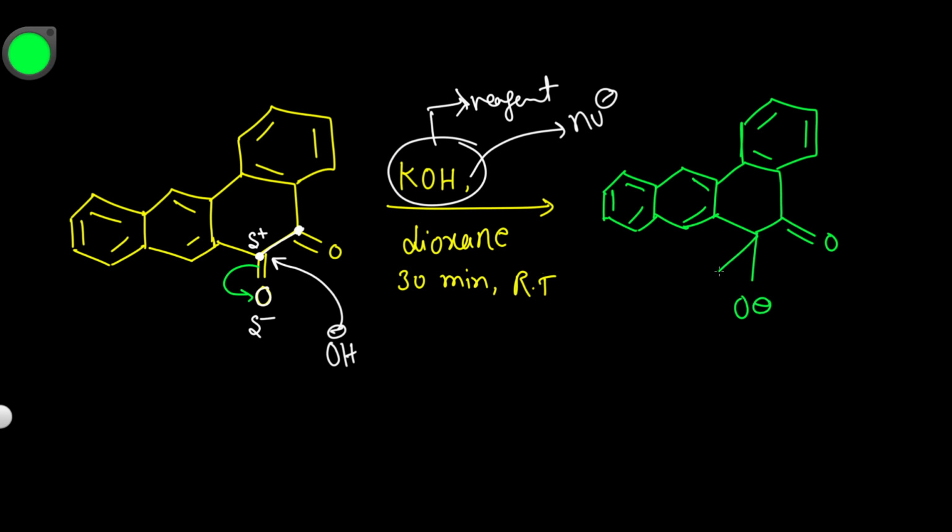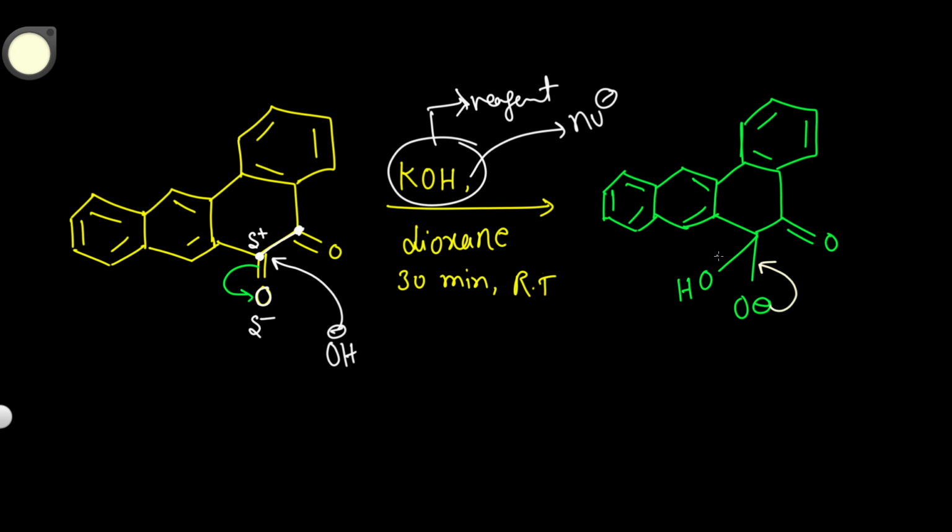O minus, and here is the OH. So now what happened? You already know that there is an aryl migration happening here. So when the O minus charge comes back, which group will migrate? This reaction is also a reversible step.